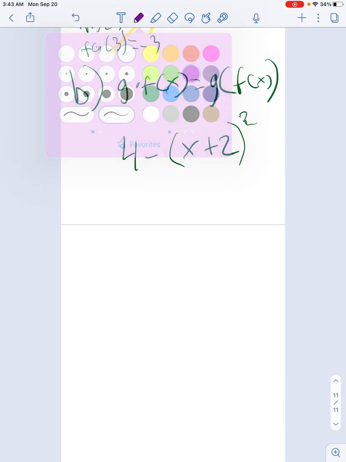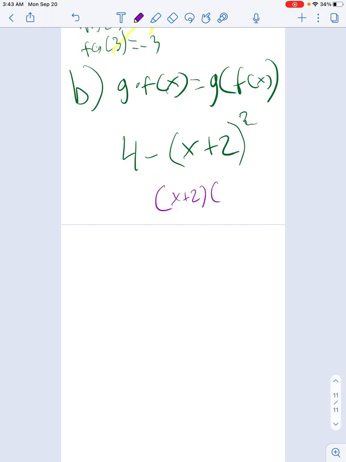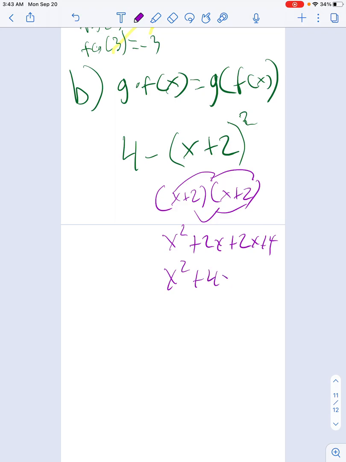So again, you'd have to do side work, okay? So sidebar, x plus 2, x plus 2, x squared plus 2x plus 2x plus 4, x squared plus 4x plus 4, and I have this 4 on the outside. And I almost made an oopsie mistake because again, this gets sent into all three terms.